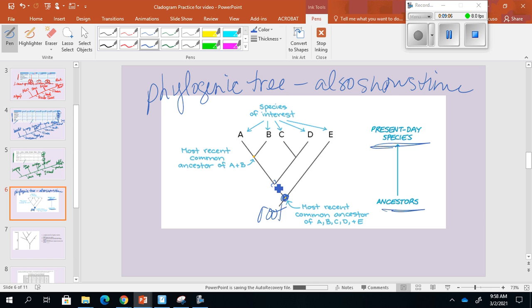And then any points here, here, and here, these are called nodes, and those represent common ancestors. Now, it's only a common ancestor for anyone above it. So this is the common ancestor of C and D. This is the common ancestor of C, D, and A and B. And this is the common ancestor of all of them. The closer they are on a tree, the more closely related they are.